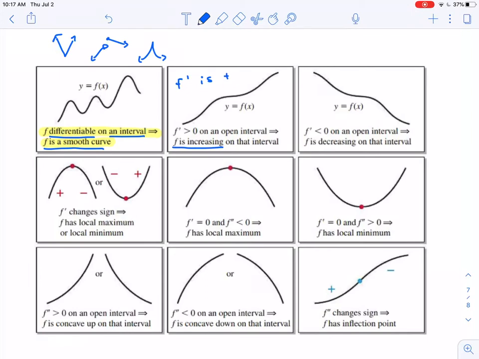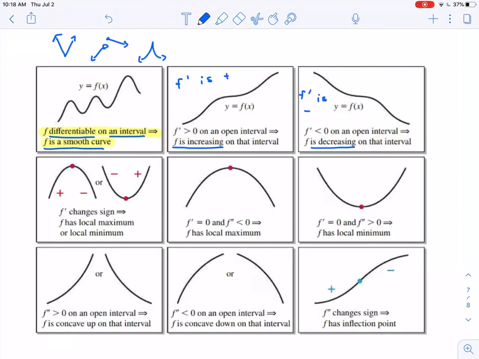And similarly here, if f prime is less than 0, so what I can say instead is if f prime is negative on an open interval, then f is decreasing on that interval. So it's really the sign of the first derivative that tells us a little bit about the behavior of our original function. The first derivative can tell us whether our function is increasing or decreasing.